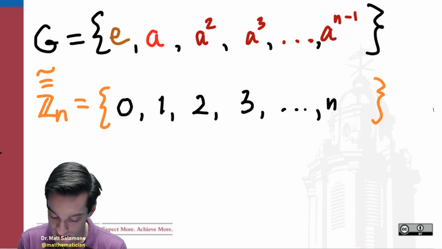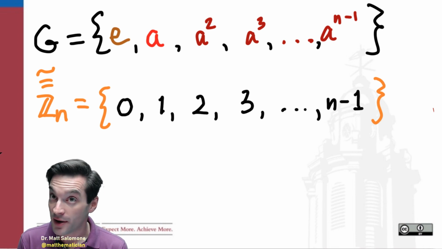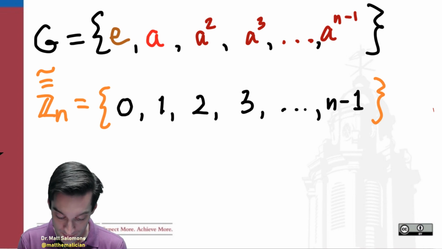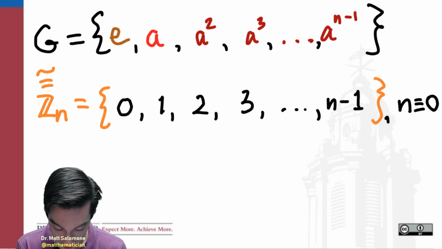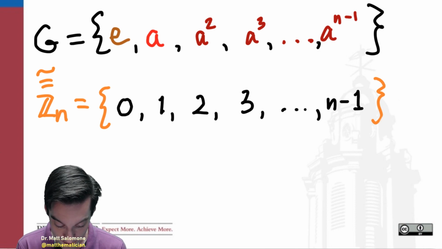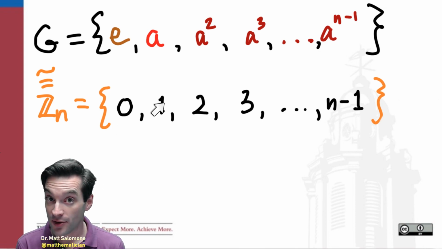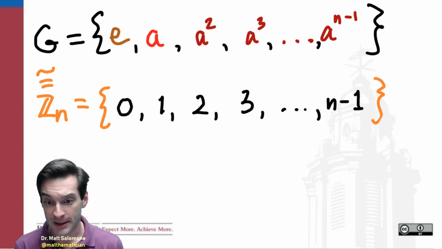And the largest representative of one of these residue classes that we usually write down is n minus 1, because as soon as we get to n, n is the same thing as 0 in the additive group of integers mod n, because n is congruent to 0 mod n. So we don't have to write n in my list. And so here are the elements of the familiar additive group of integers mod n.